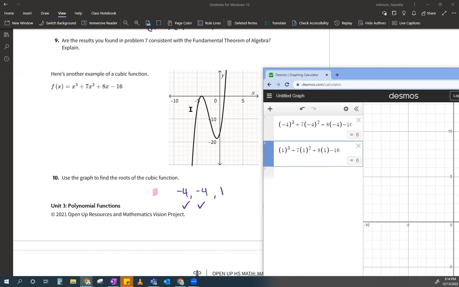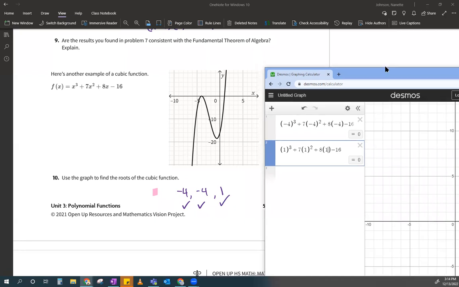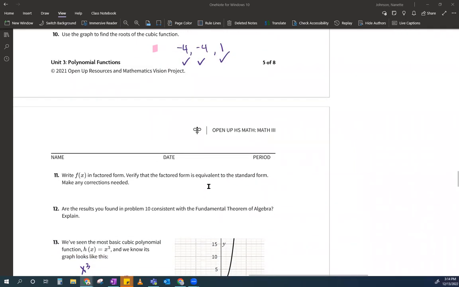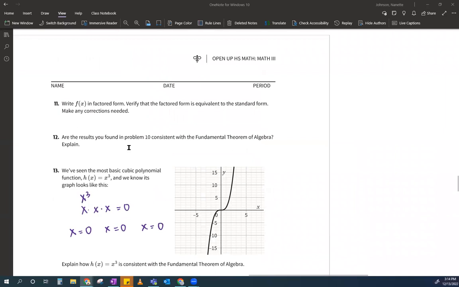So done. It is perfect. Here are my roots of my function. What we worked on today also was, if I know the roots, I should also be able to factor this completely based on my roots. I'm going to leave that right there for you, which is actually number 11.